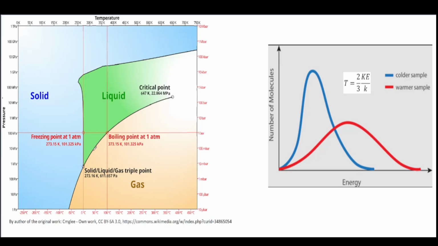And the molecules that leave first are going to be the most energetic ones. So over here on this number of molecules versus energy graph, the first molecules that leave are going to be on the right end of these tails, depending on the temperature, obviously. So if we just look at the blue distribution here, as you start pulling vacuum, so reducing pressure, molecules that are to the right will start entering the gas phase.